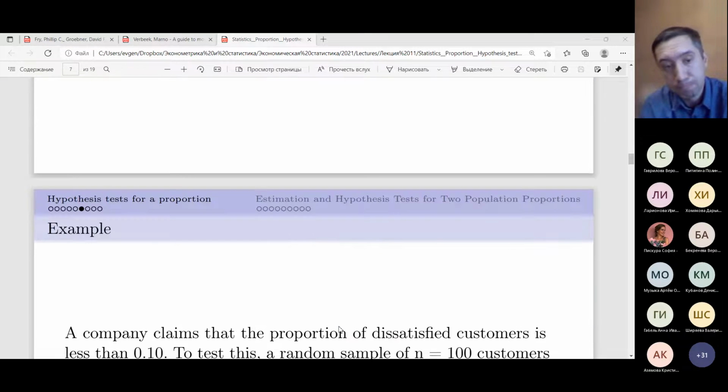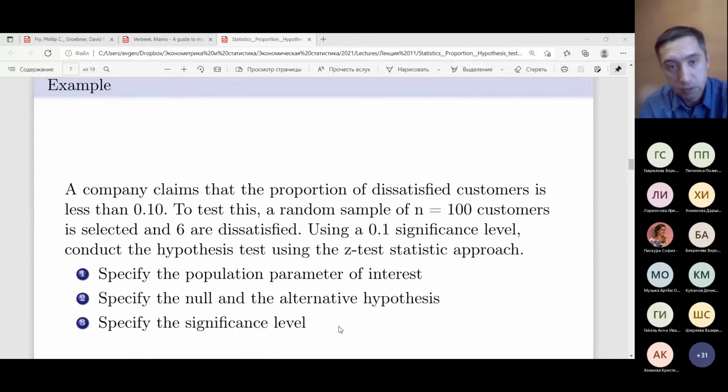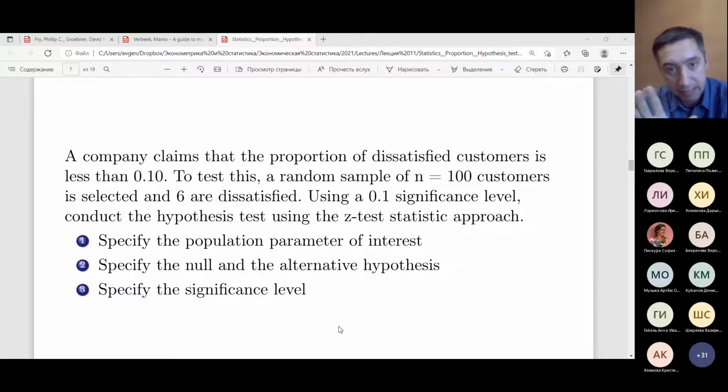Example. Please read this example carefully and type in the chat the sample size and calculate the sample proportion, please. Type in the chat and calculate the sample proportion.